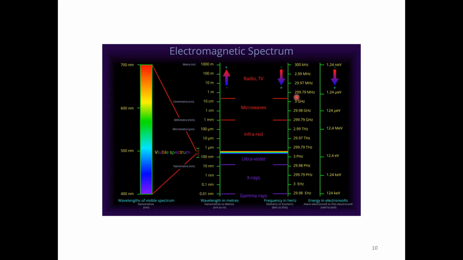Microwave: what is the range of the microwave? 300 megahertz to 300 gigahertz. That is the range of microwave. And that is the range of infrared, that is the ultraviolet, that is X-ray, and that is gamma ray. So the spectrums are radio, TV, microwave, infrared, ultraviolet, X-rays, gamma rays.